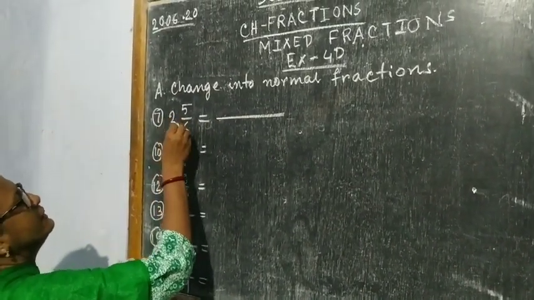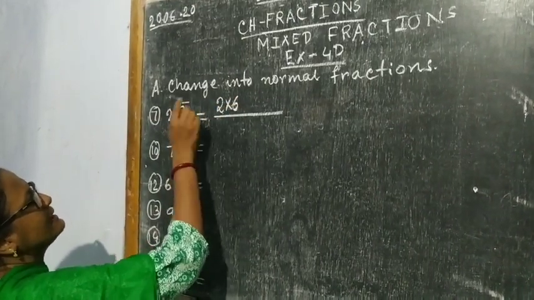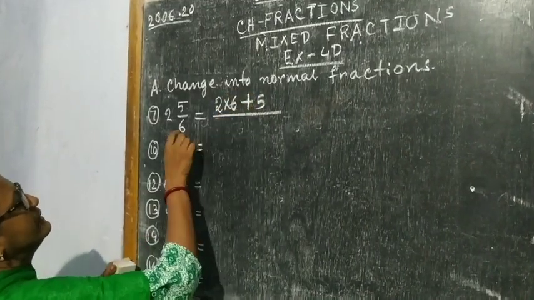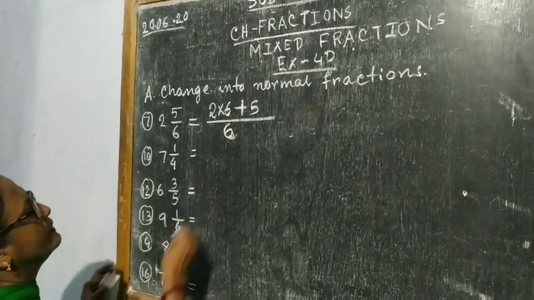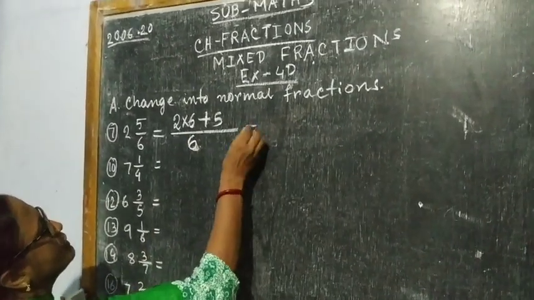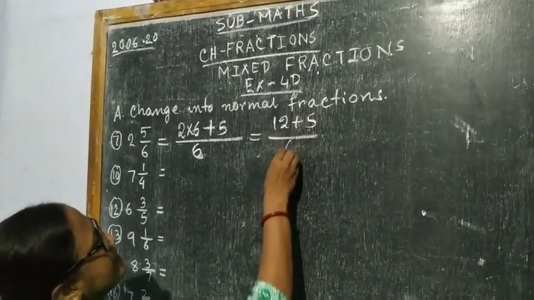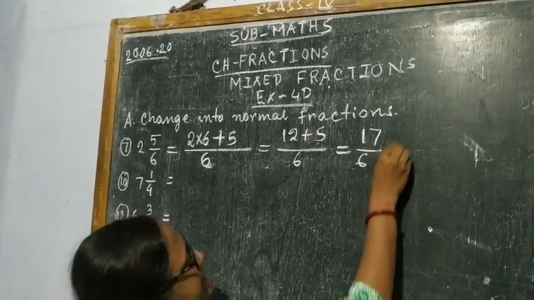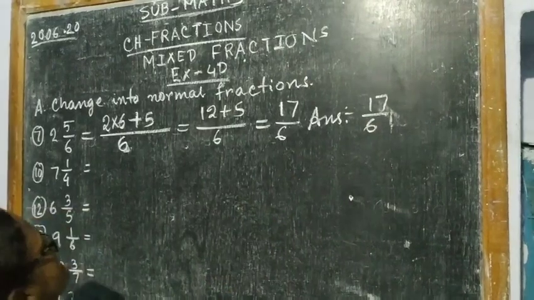First you multiply 2 into 6, then add 5 in the numerator, and in the denominator, 6. So 2 sixes are 12 plus 5, 17 by 6. So the answer is 17 by 6.